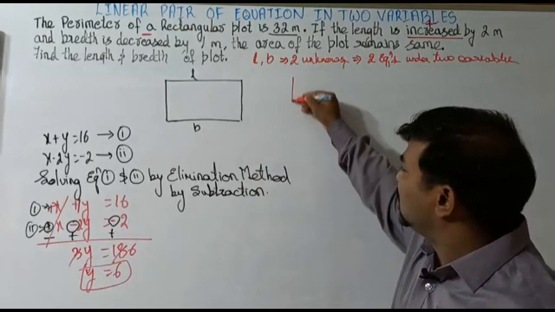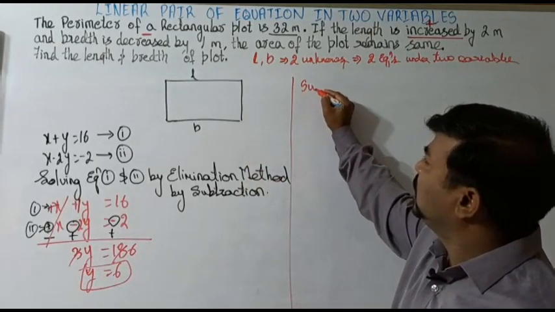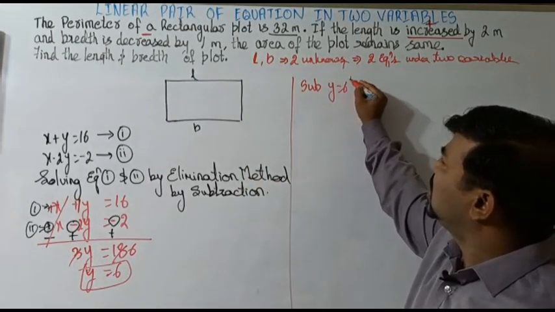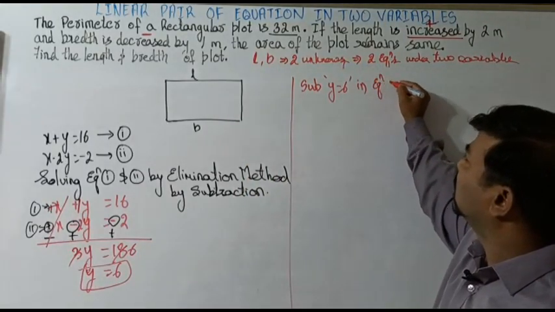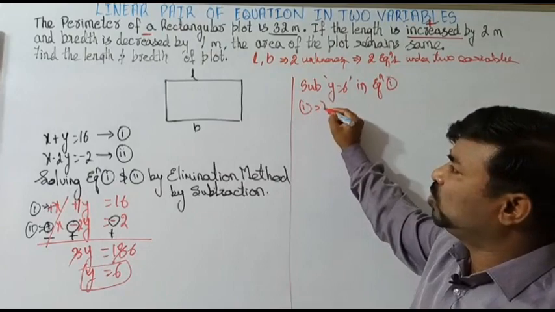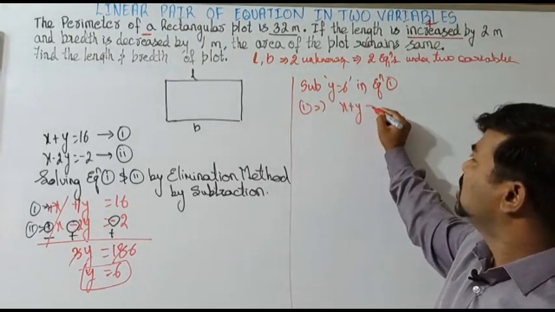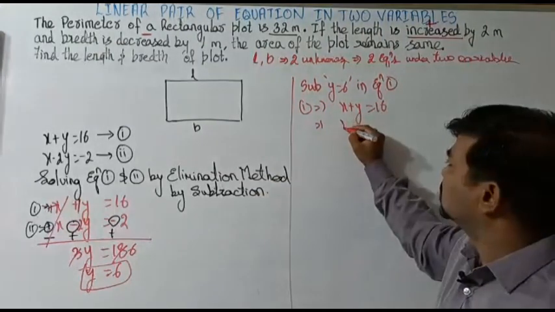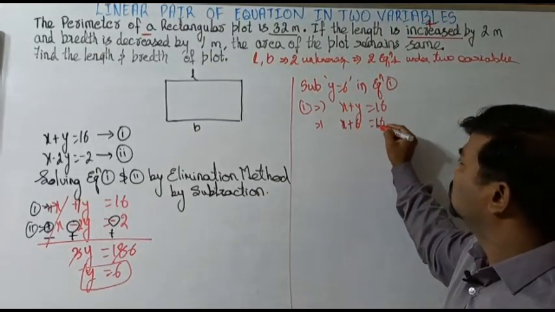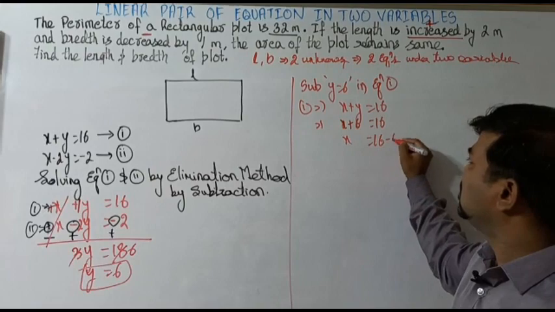Right, now let's substitute y is equal to 6 in any one of the equations. In equation 1 I like to plug in. So what's the first equation? X plus y is equal to 16. Y, how much did you get? It's nothing but 6. X plus 6 is equal to 16. X is equal to 16 minus 6.